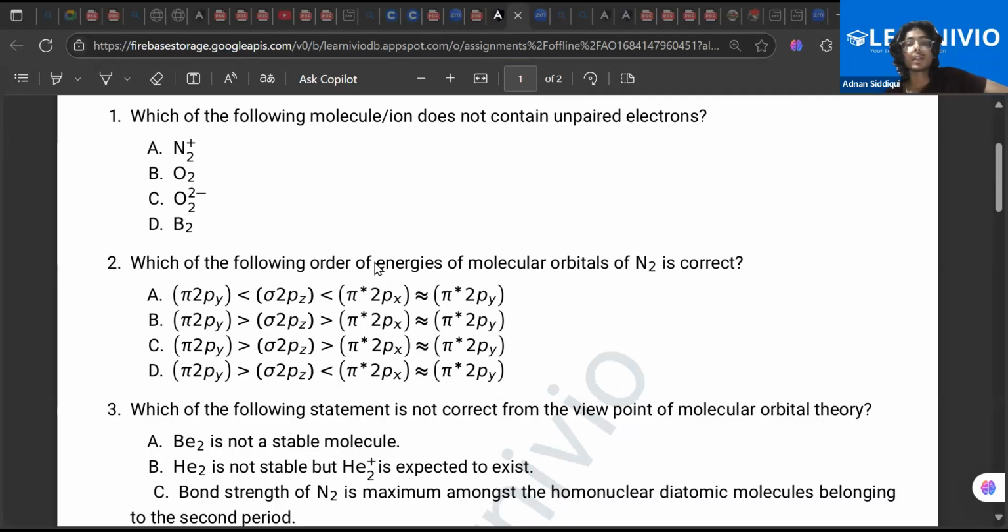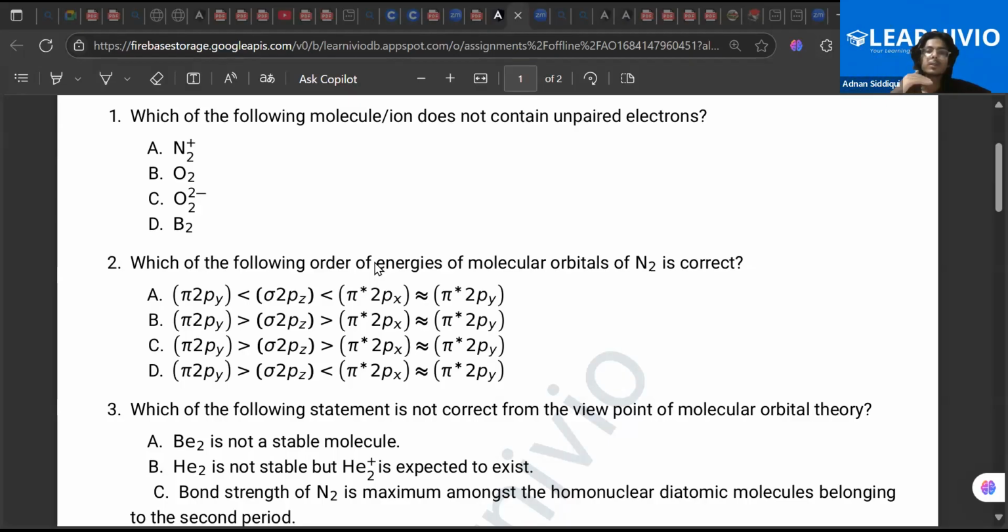The next question: which of the following orders of energies of molecular orbitals of N2 is correct? In N2, do we have sp mixing or not? It is basically asking about the way we arrange the molecular orbitals while drawing the molecular orbital theory.